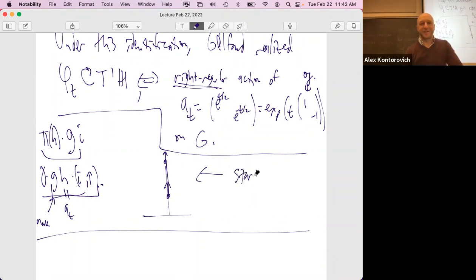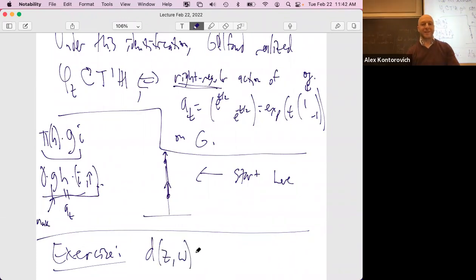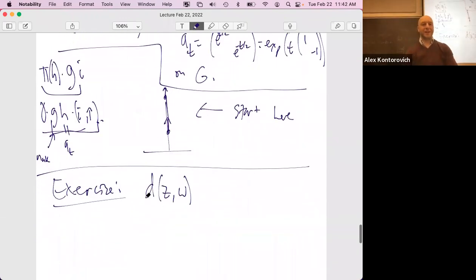Let me leave you an exercise. I'm realizing I skipped something earlier on when we saw the distance. So what is the distance between two points Z and W in hyperbolic space?